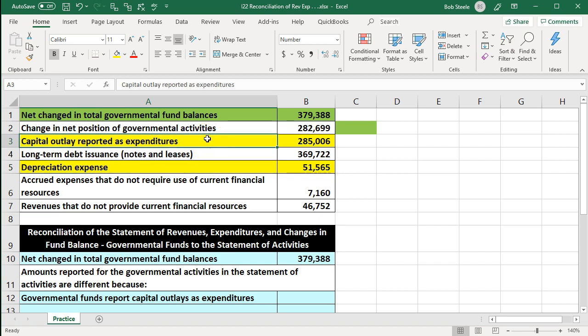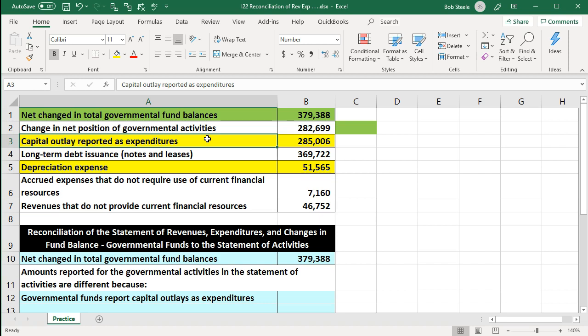When we think about the fund side of things, we're thinking about these capital outlays. Those are going to be types of things when we purchase the large capital assets. When we think of the capital assets on the government-wide level and we purchase capital assets, we would put it on the books as an asset, property, plant, and equipment, similar to a for-profit type of organization, and then we would depreciate it. But when we think about the fund side of things, we don't do that for the governmental funds.